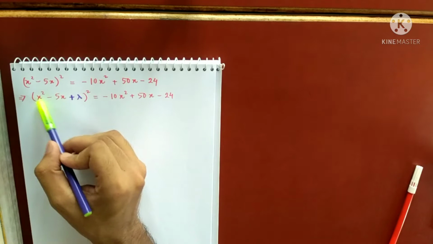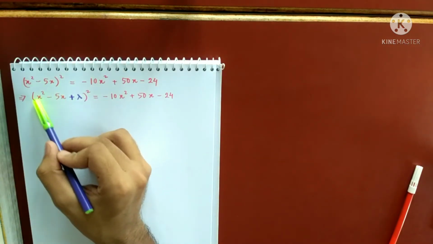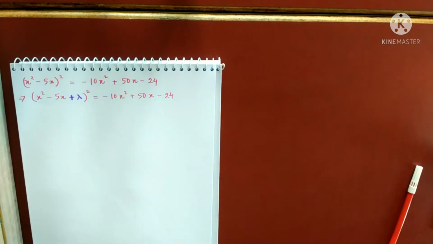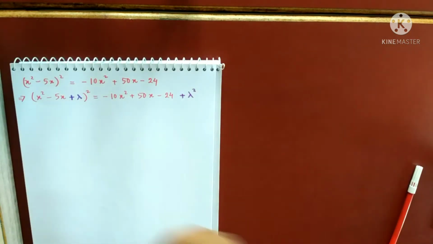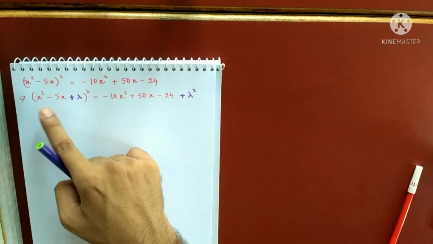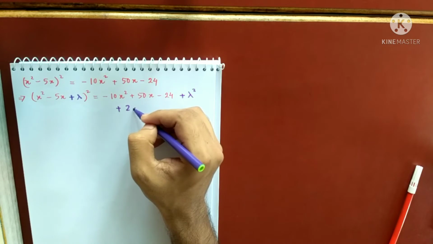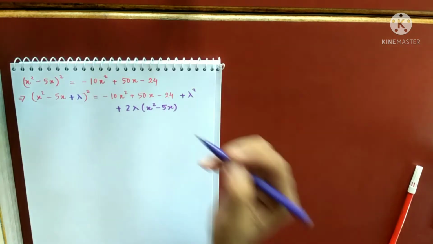So if I open this square, consider this whole thing as a. So a square, which is already here, but rest all the terms are new. So plus b square. So I also have to add here lambda square, and here what extra is there, 2ab. So 2, suppose this is a and this is b, so 2 lambda x square minus 5x.